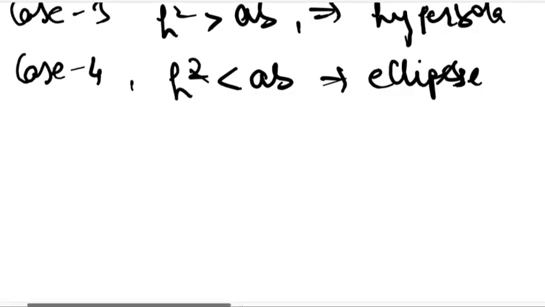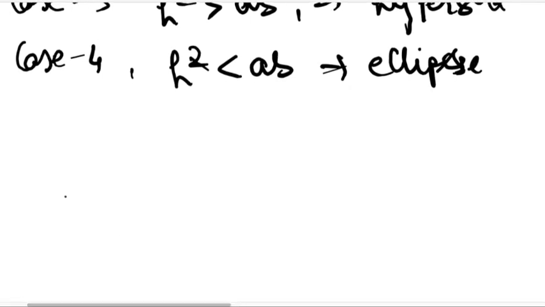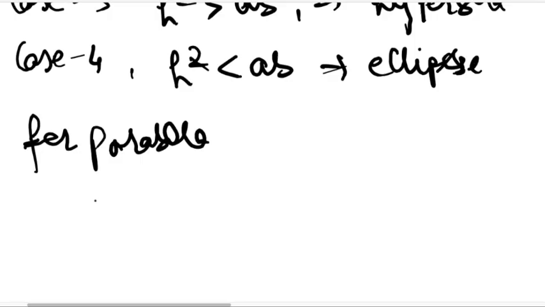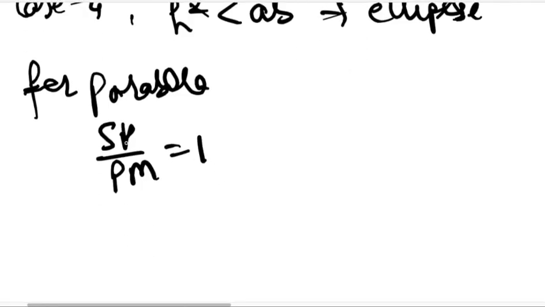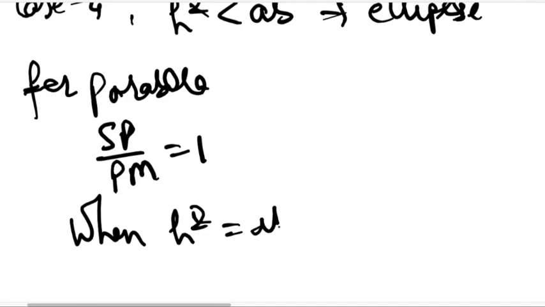So for the parabola, we have defined two conditions. One is SP divided by PM equals 1, and the other is when h square equals ab.